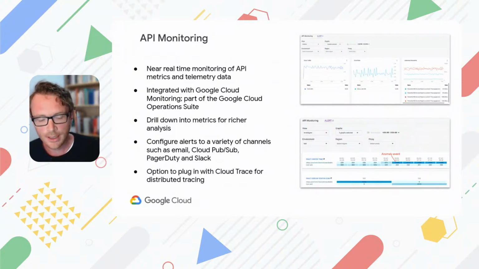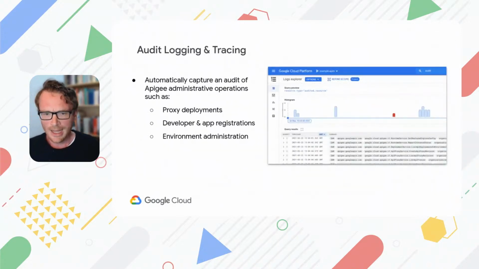We also released an update recently to support Cloud Trace for distributed tracing, but I'll get more to that in a moment. This is also connected, of course, to audit logging and, like I was saying, to tracing, so that all of those metrics around exactly the flows of the processing, which methods, which operations, which headers, which data are being pushed through the different layers of our applications, we see that in real time in Google Cloud Trace.